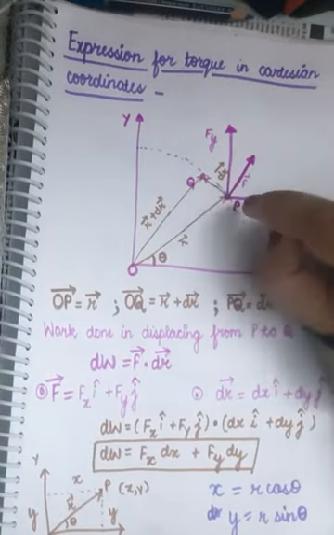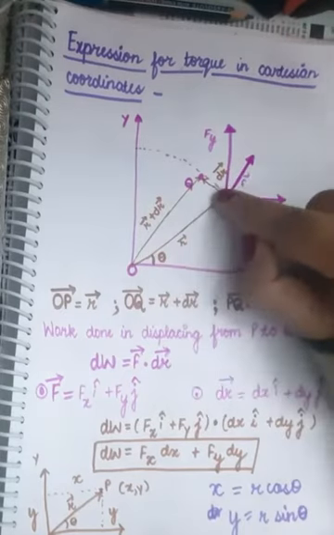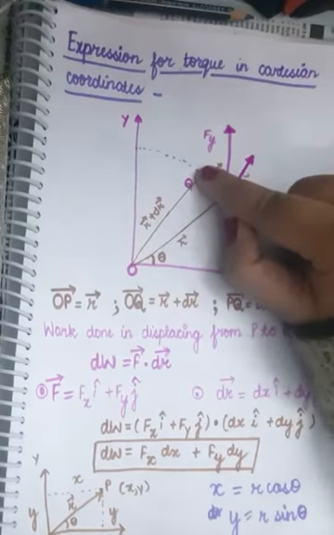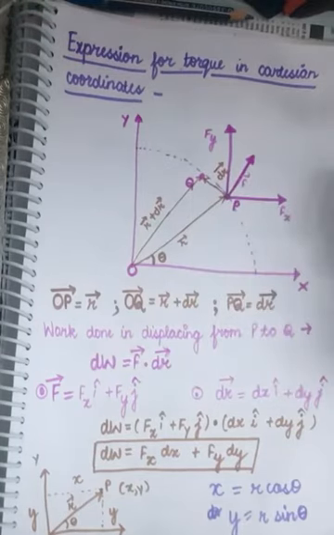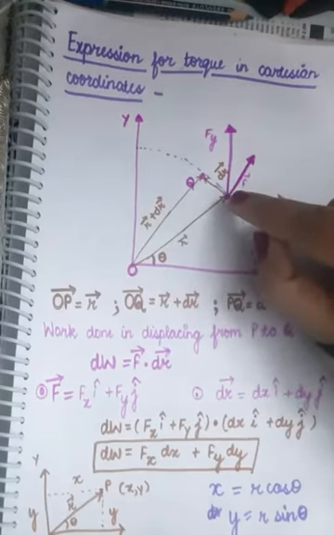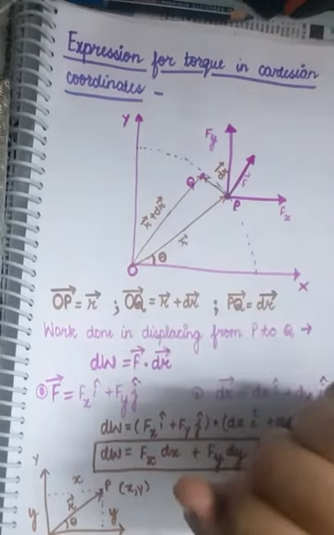That PQ will be the dr vector, because as per the triangle law of vector addition, if two vectors are in the same order, they will be added up to find the resultant.